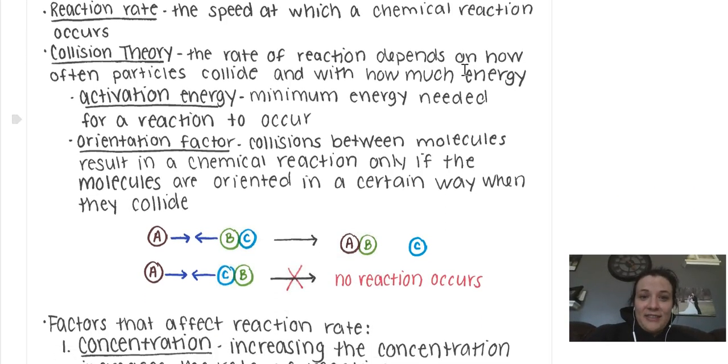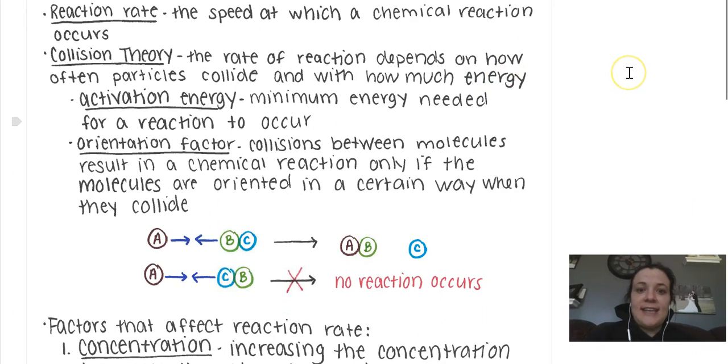All right, collision theory. So collision theory states that the rate of reaction depends on how often particles collide and with how much energy. So that should make sense. In order for a reaction to occur, those particles have to collide with each other.